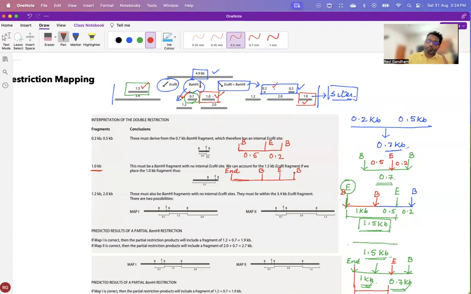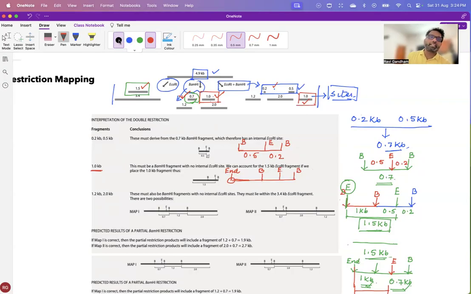So what have we identified by using the second set of fragments? We have identified the end of the fragment. And we have also identified that this is the probable sequence of the restriction enzymes on the fragment of 4.9 kb. Still, we are left to analyze the other bigger sizes of fragments.